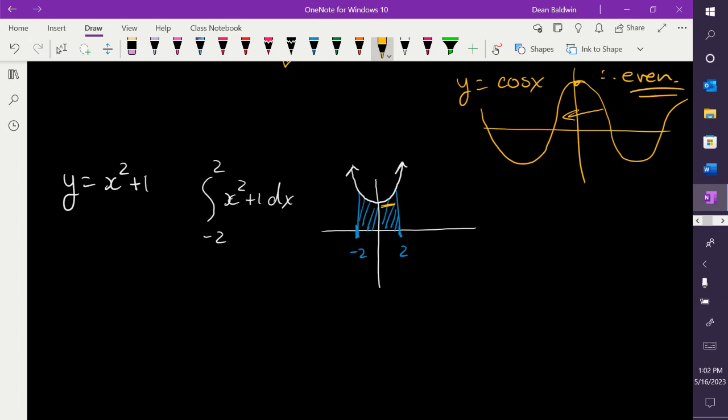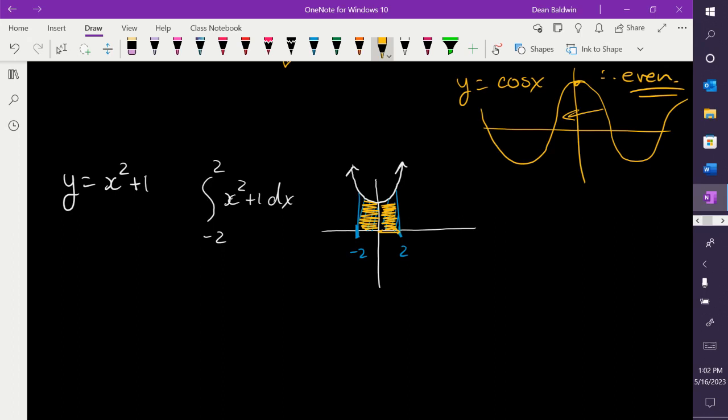What do you know about this area from 0 to 2 and this area? They're the same, right? So if you can calculate one of them, you can just multiply your answer by 2, and that's the answer. Now, why do you want to do that?